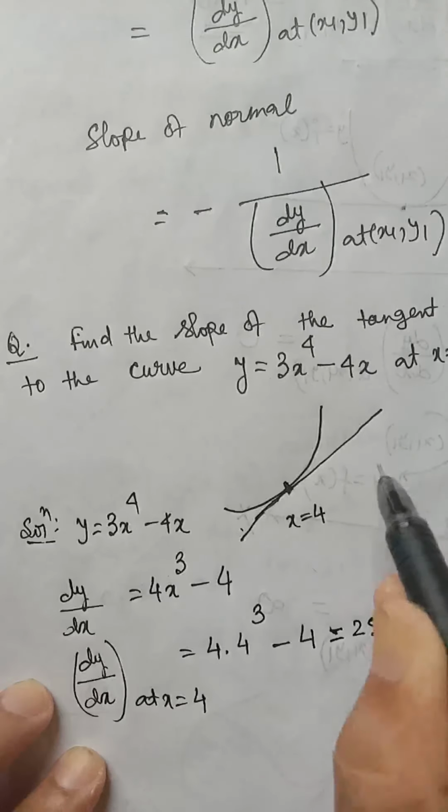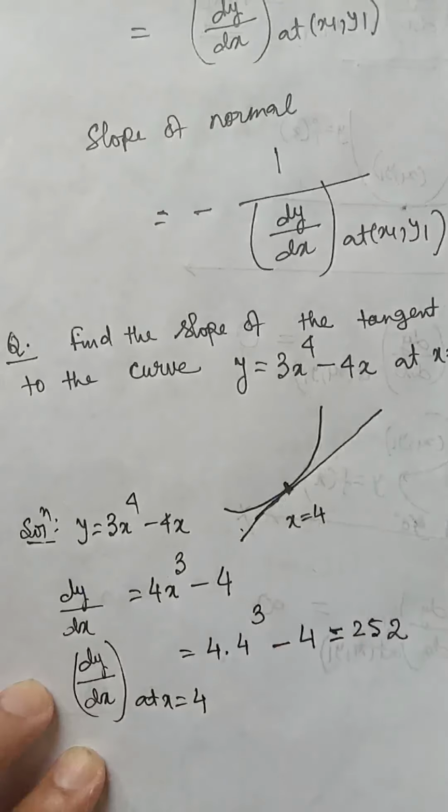So the slope of this tangent at x = 4 is 252.